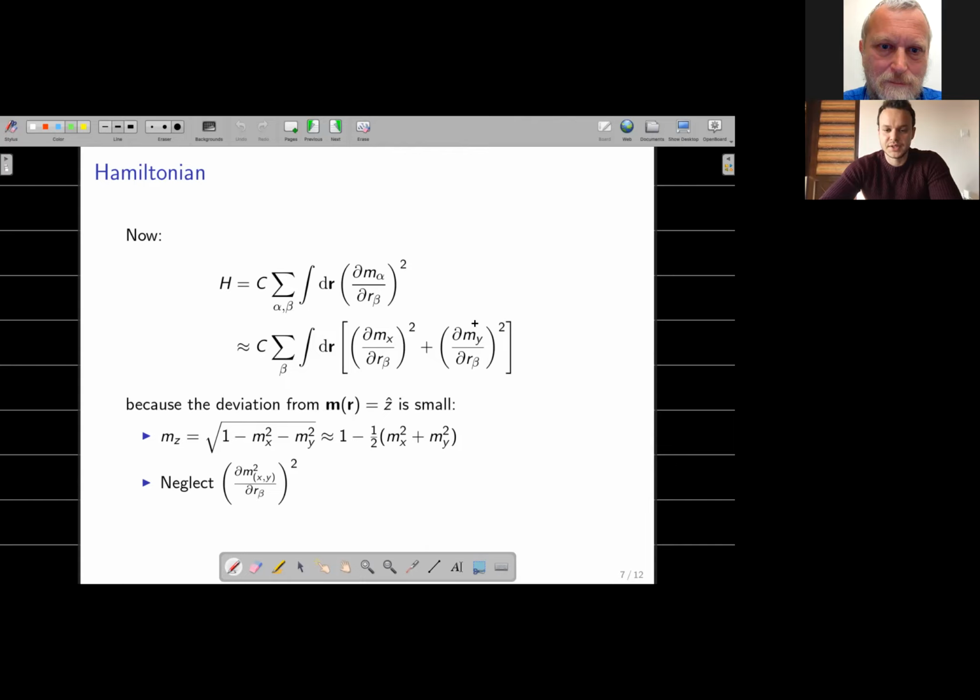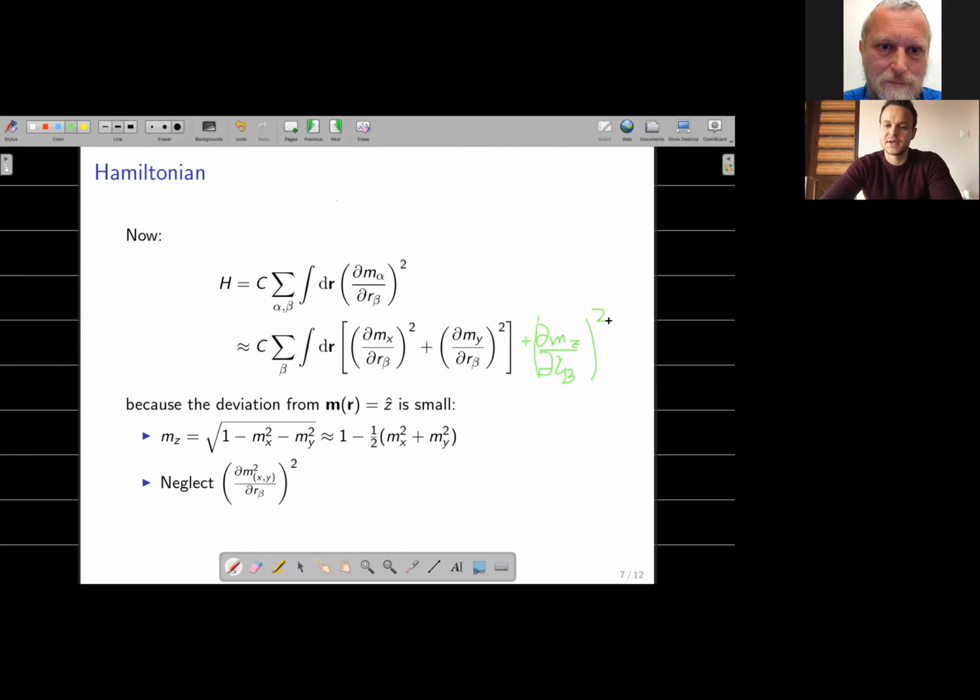In this expression, one would have also the z component, right? If you look at the first equation, it will follow that you also have the derivative of the z component with respect to all spatial coordinates r beta, and this will also be squared.